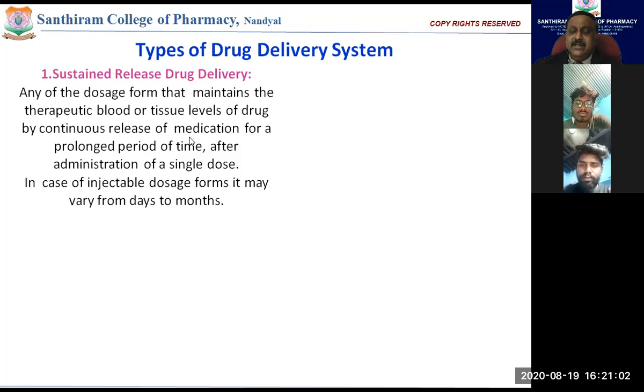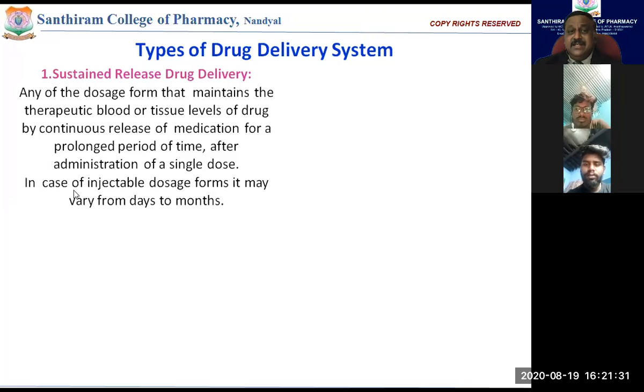And that type of release is for a long or prolonged period of time following its administration as a single dose. You are just administering one single dose, and the drug release is continuously prolonged for a long period. In that case, you can call it a sustained release drug delivery. Is that clear to you all?